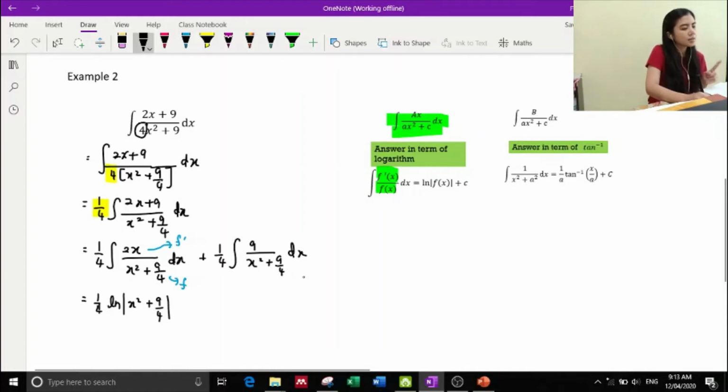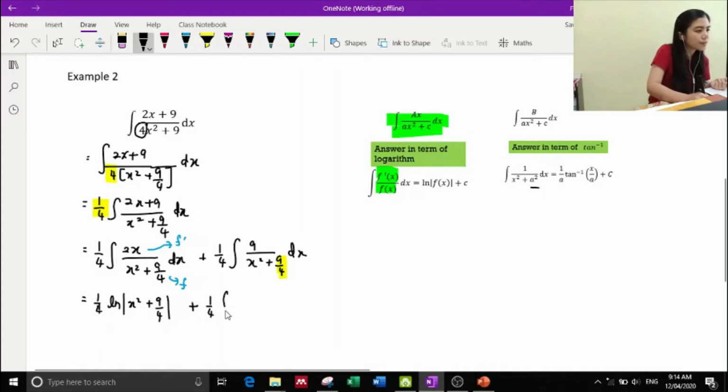Okay, let's just look at the second integration. If we look at the second integration, that is the same as what we did in example 1. So in example 1, we are supposed to have the a squared. So in here, you can change your 9 over 4 in terms of a squared. So your 9 over 4, you can write it as 3 over 2 squared, right?